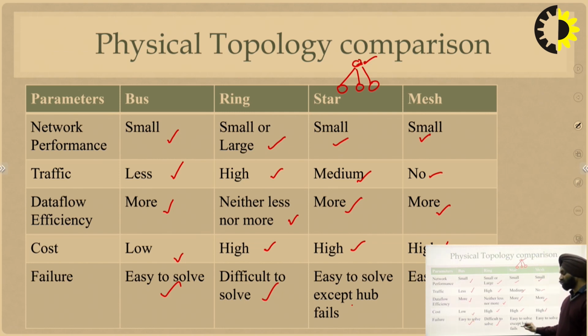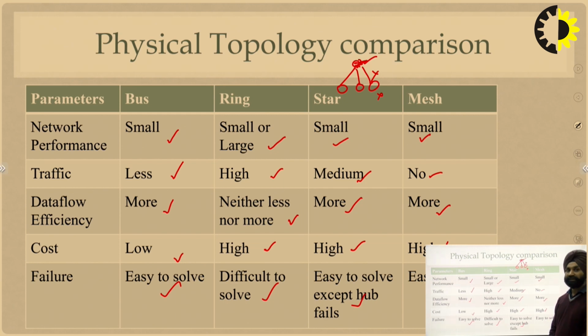Then for the star network, if the central node fails, the whole network goes down. Otherwise, if node X fails, then the central point can easily say that link X is not working, so we can easily troubleshoot the network.